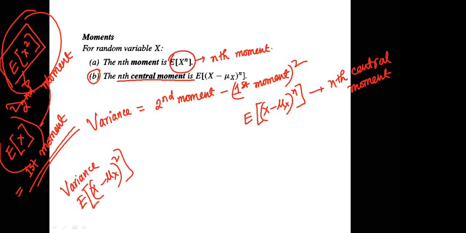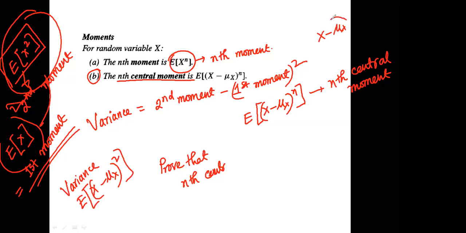So in the exam, if I tell you to prove that the nth central moment, so what is central moment? You have heard about moment. Moment is something like, for example, how much the random variable x is deviated from the mean, that is x minus mean.